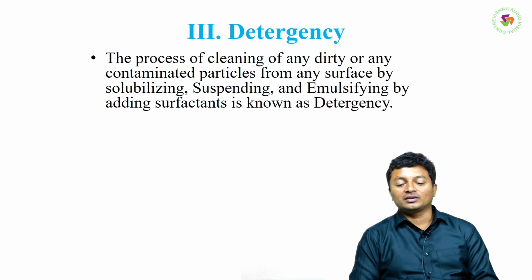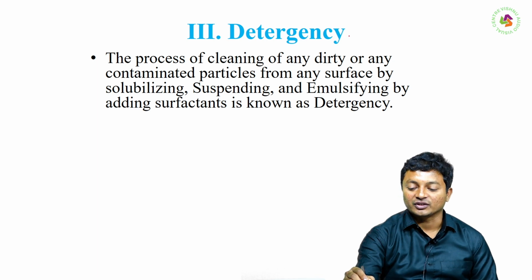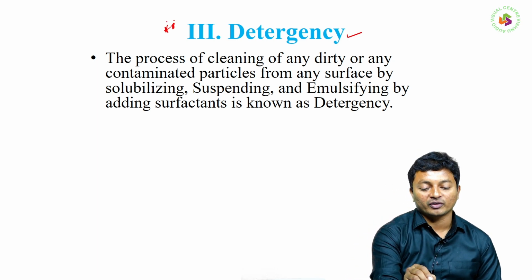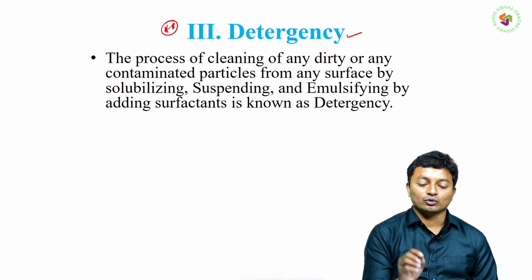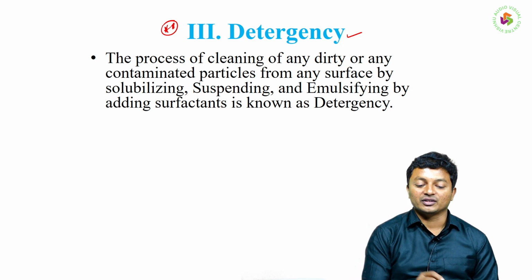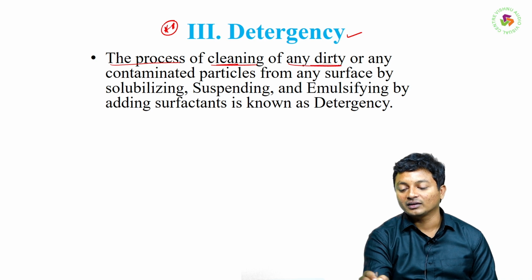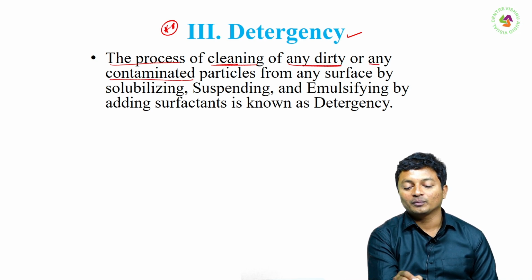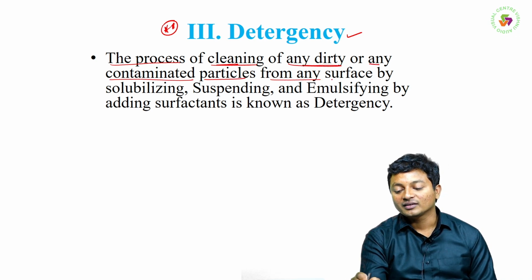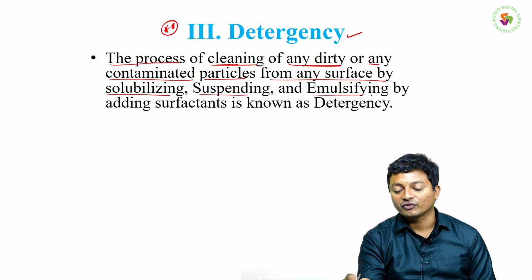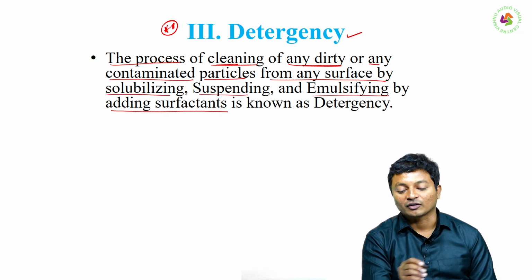The third topic is detergency. This detergency is one of the important topics in physical pharmaceutics. The definition of detergency: it is a process of cleaning any dirty or contaminated particles from any surface by solubilizing, suspending, and emulsifying by adding surfactant.